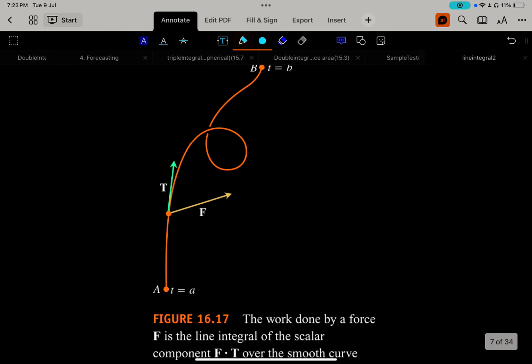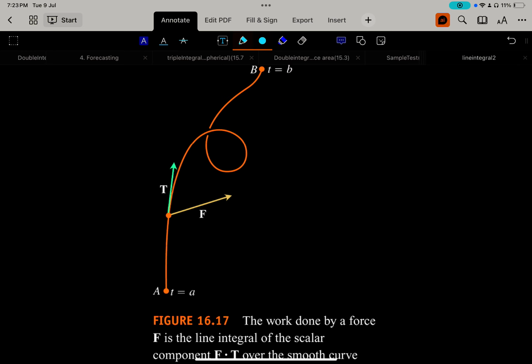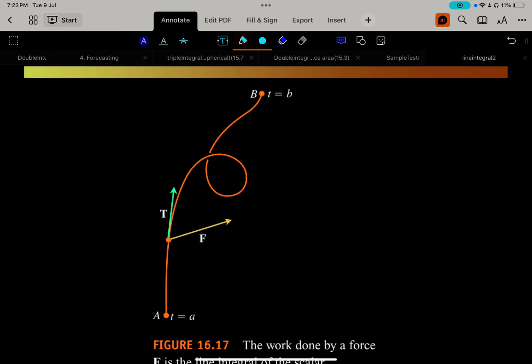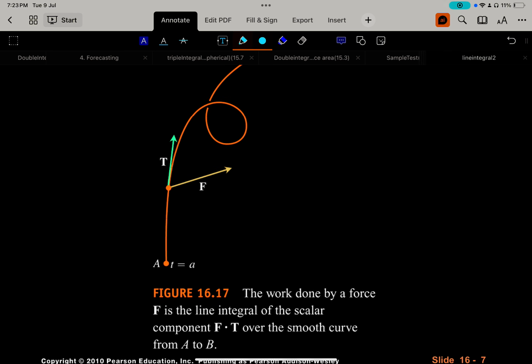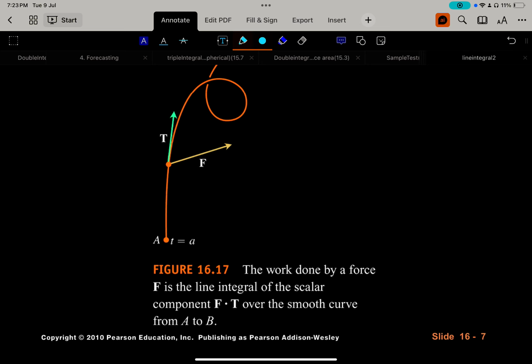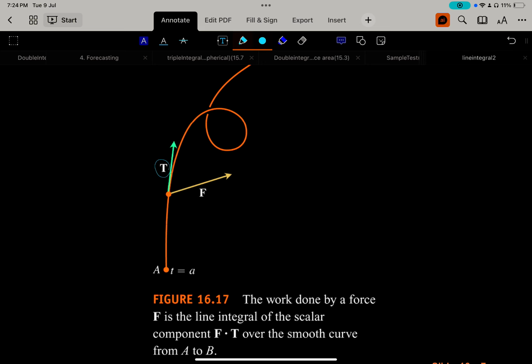Okay, next up. This is the work done by a force F, the line integral of the scalar component F dot T over the smooth curve from A to B. That's another example. This is T, this is F, and T is just the change of the distance, which is the velocity.